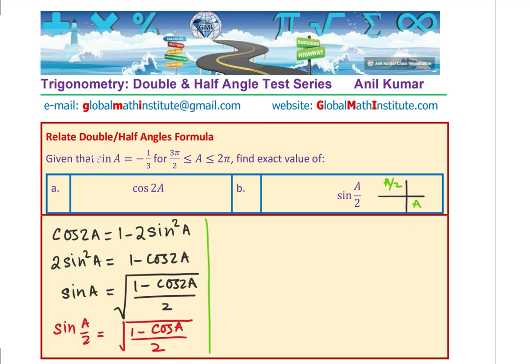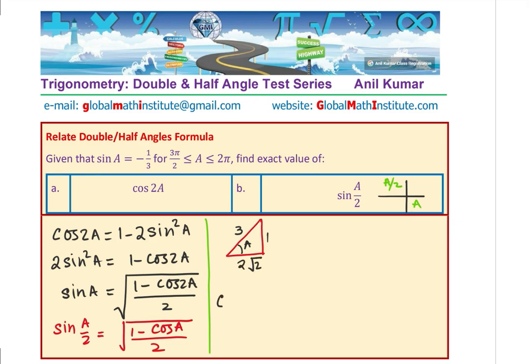Since we are given sine A, we can find cos A, right? The triangle was given to us, and I'm redrawing it: 1 over 3 for the given angle of A, and this side will be the square root of 3 square, which is 9, minus 1, that is square root 8, which is 2 square root 2, right?